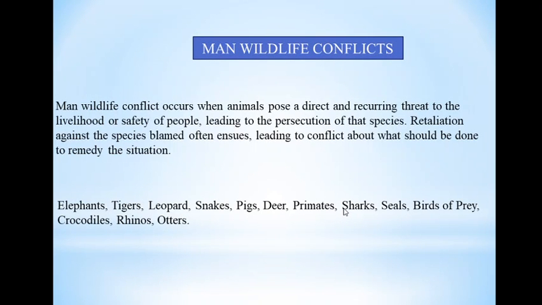Next is the man-wildlife conflict. Man-wildlife conflict occurs when animals pose a direct and recurring threat to the livelihood or safety of people, leading to persecution of that species. So retaliation against the species blamed often ensues, leading to the conflict about what should be done to remedy the situation.